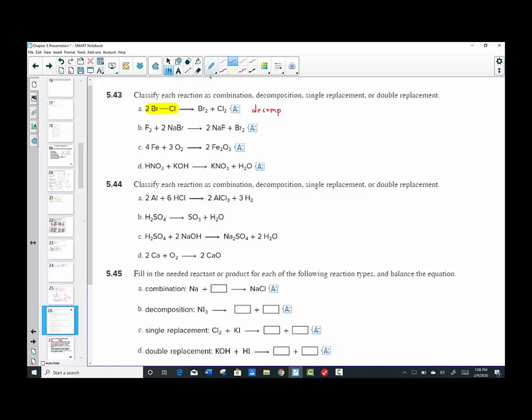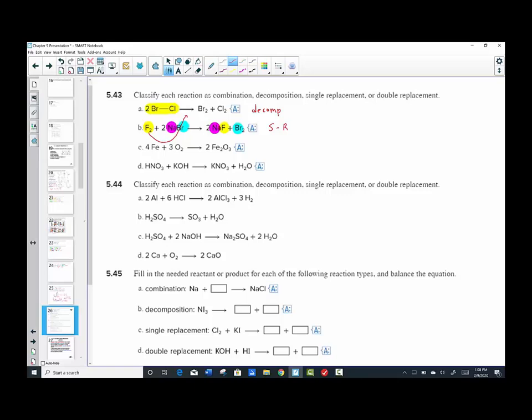In letter B, we can see an element, fluorine. We can see a compound, sodium bromide. And when I see that pattern of chemical change, the fluorine displaced the bromine and stole its partner. An element kicked out another element to form a new compound.